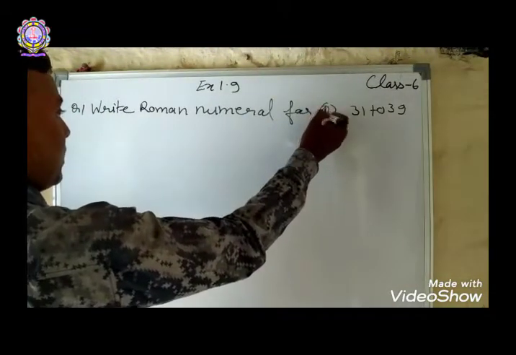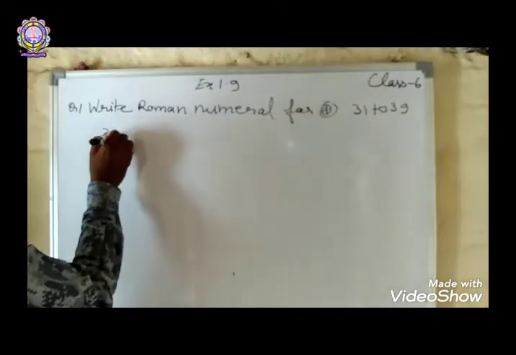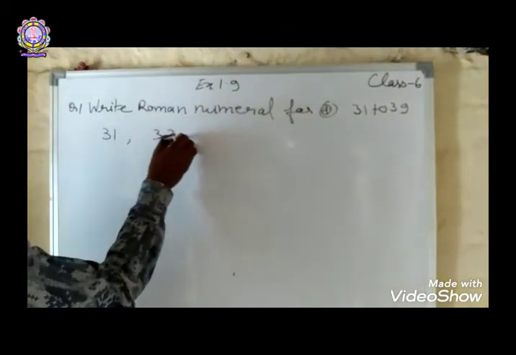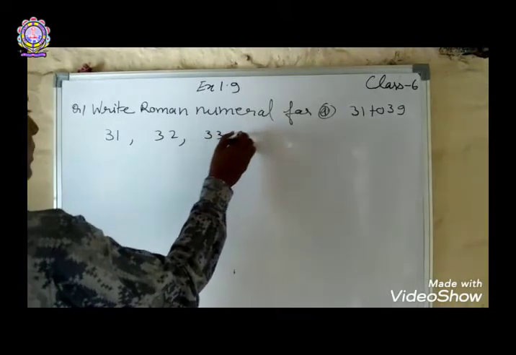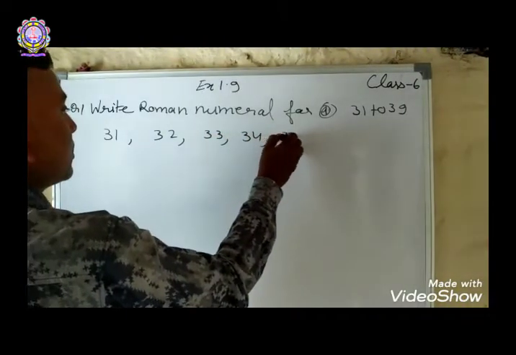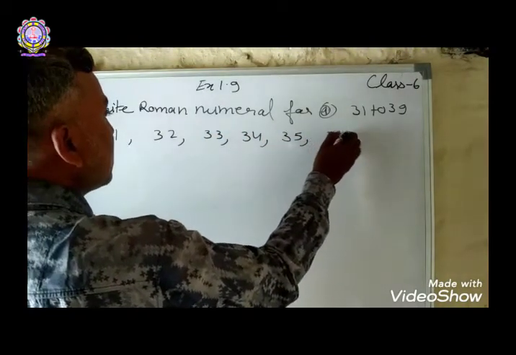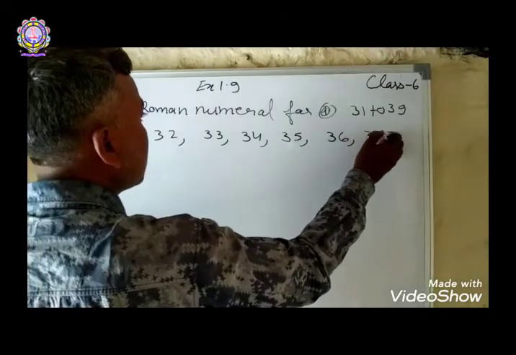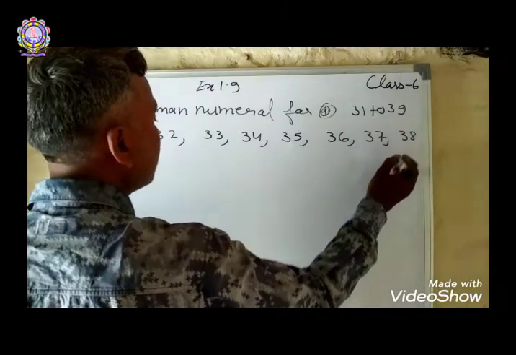This is the A part. So 31, 32, 33, 34, 35, 36, 37, 38, 39.